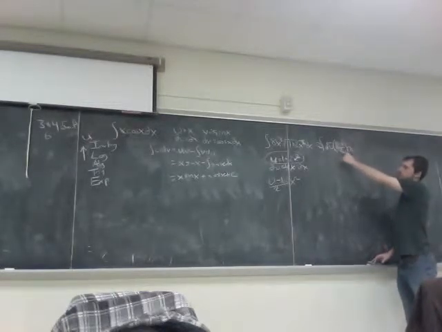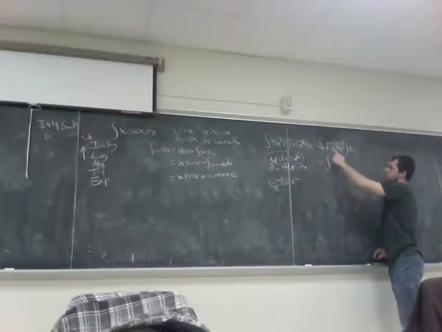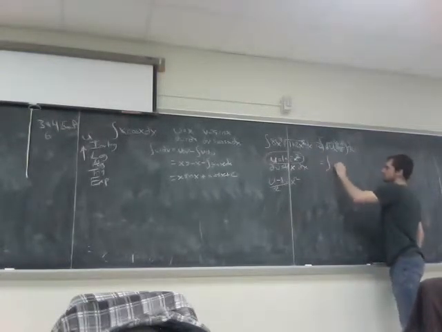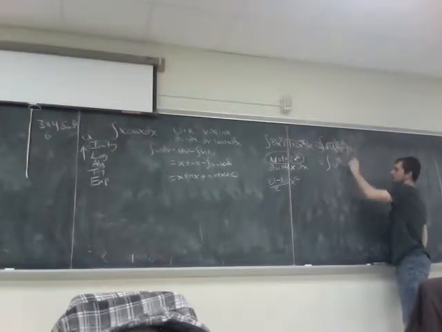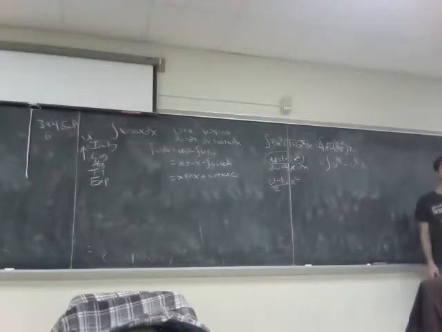Now this can be taken out as well, so that'd be 1/2, so those are gone. And I have u to the 1/2 times u, so that's u to the 3/2, minus u to the 1/2 times 1, so u to the 1/2. And I'm there. Okay.